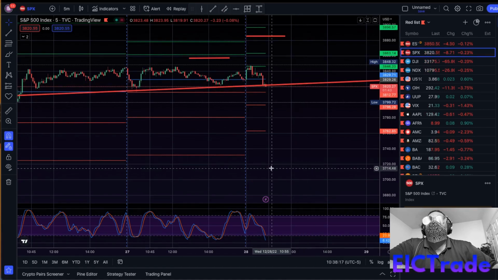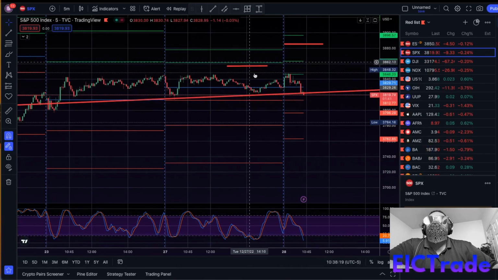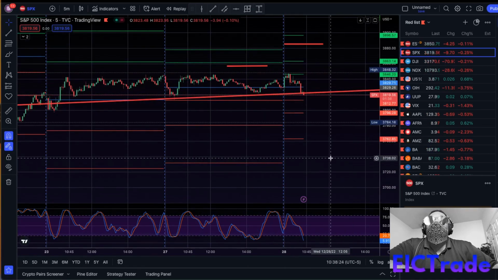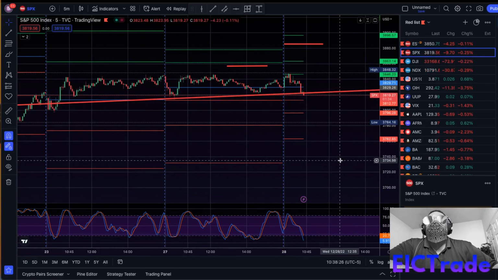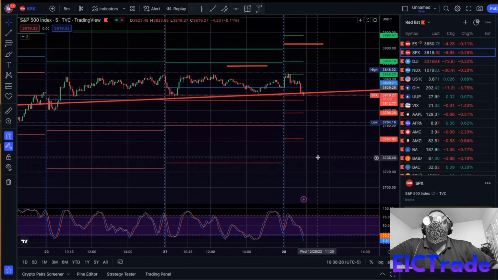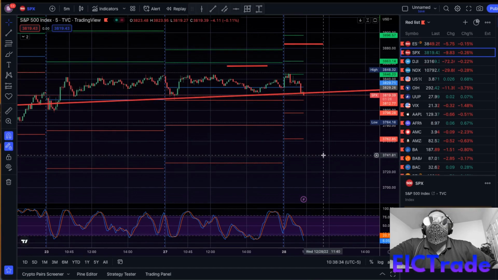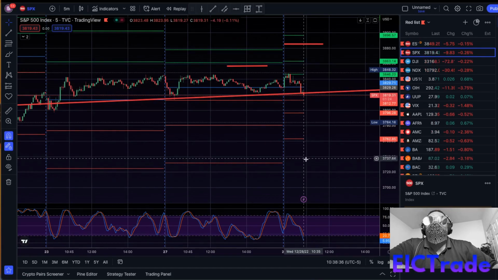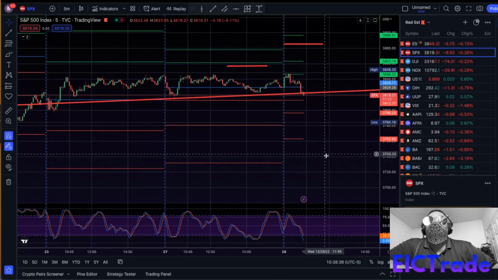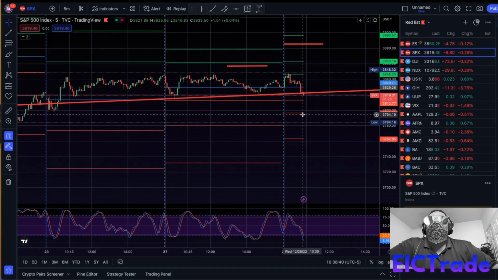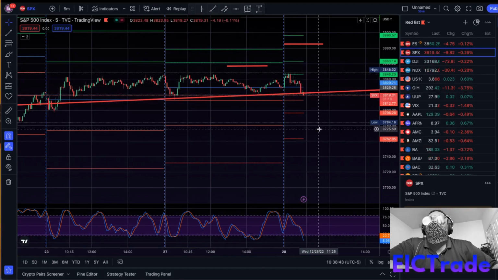But we'll have to see, because again, my bias is to the downside. I think the market is more likely to go down than it is to go up at this current point. And I don't want to be in front of a freight train. So I'm going to have some strong evidence to support selling a put down here, getting in front of this falling knife. Not necessarily falling knife today. It's probably just going to be chopping around.